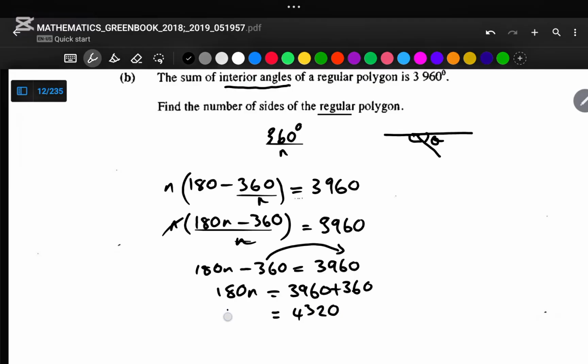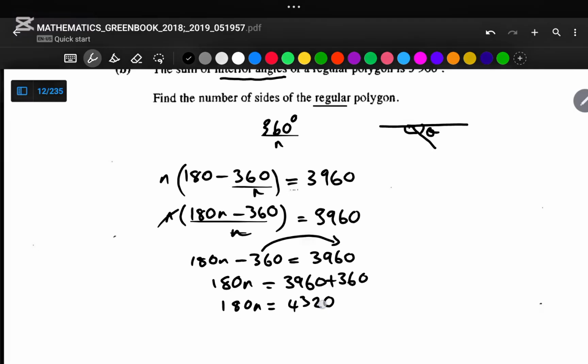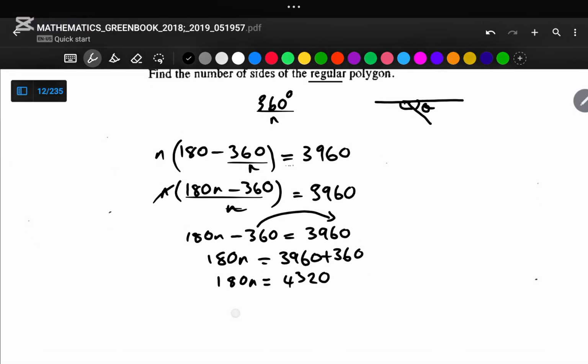So this will be equal to 180n. So what is the value of n? We divide both sides by 180. Therefore n is equal to 4320 divided by 180. So let's divide 4320 by 180. So these zeros cancel, and we are now left with 18.